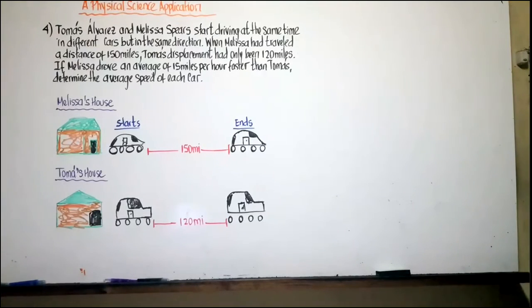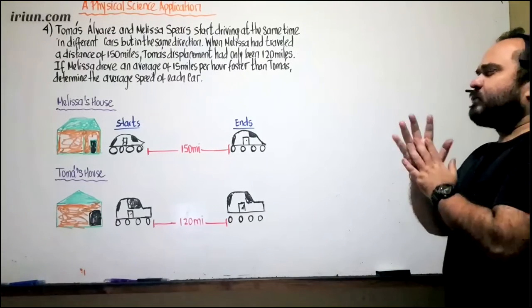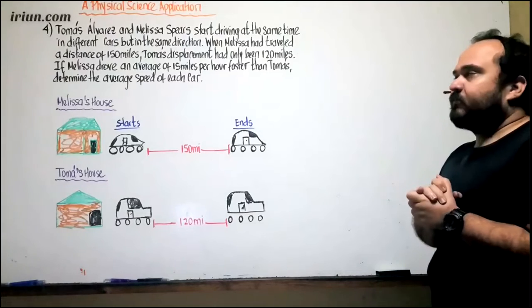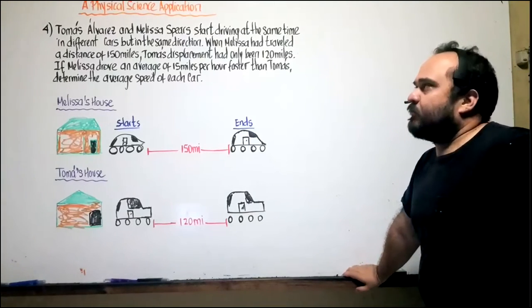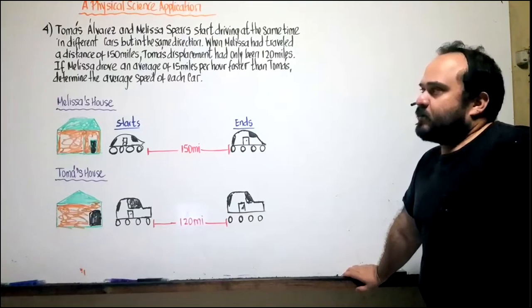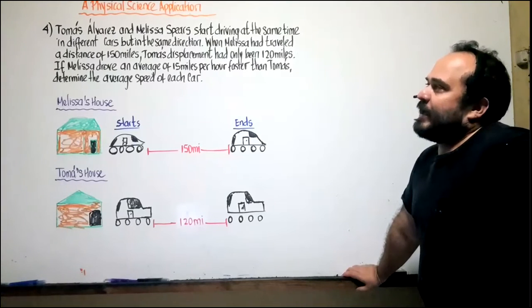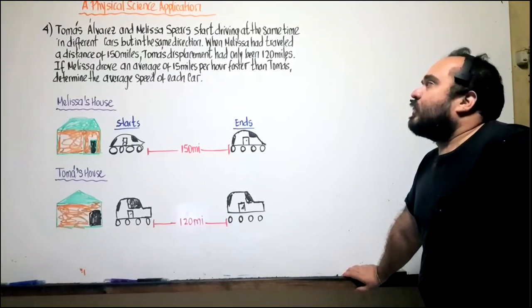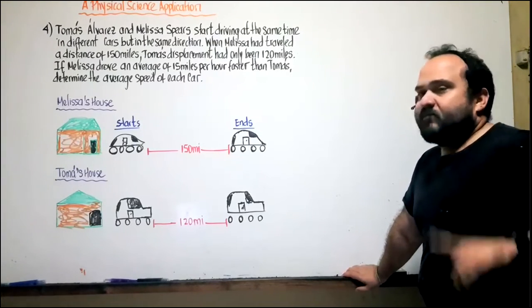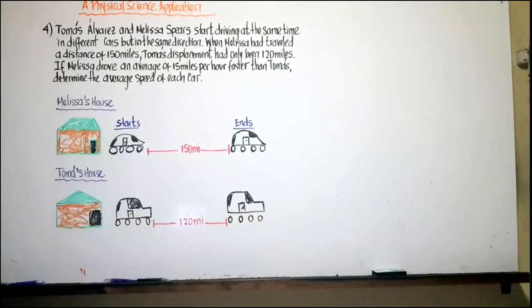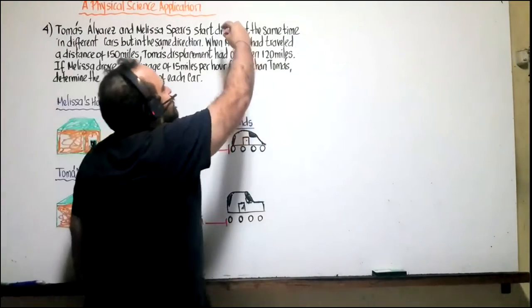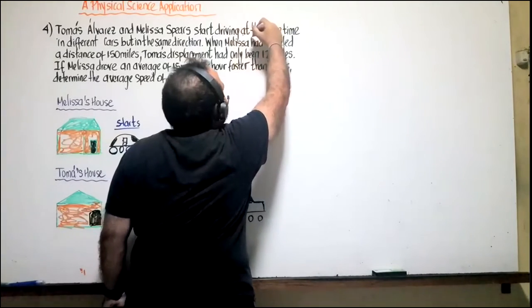All right, so what is this problem about? Let's read the problem and analyze the situation. We have two runners, Thomas Alvarez and Melissa Spears, who start driving at the same time. This is a keyword in this situation, because the problem says they start driving at the same time.